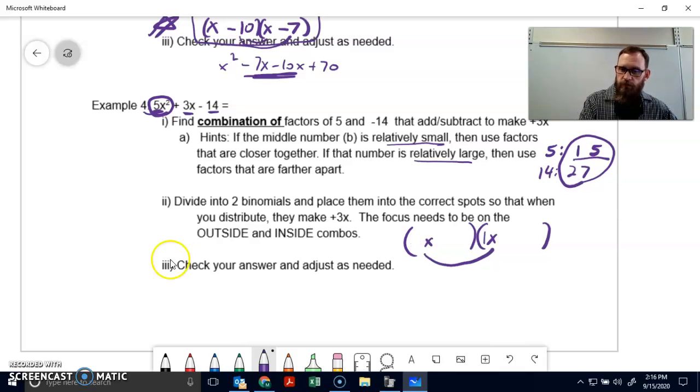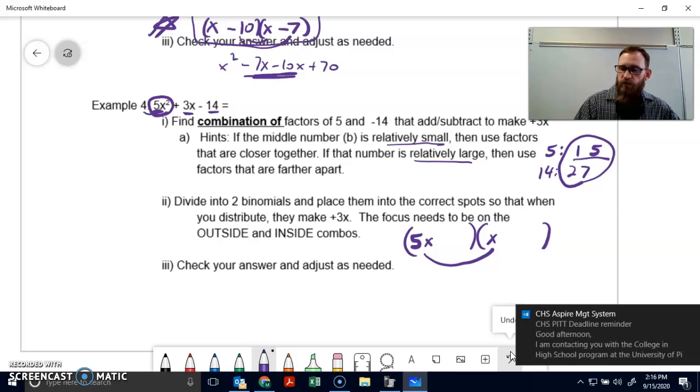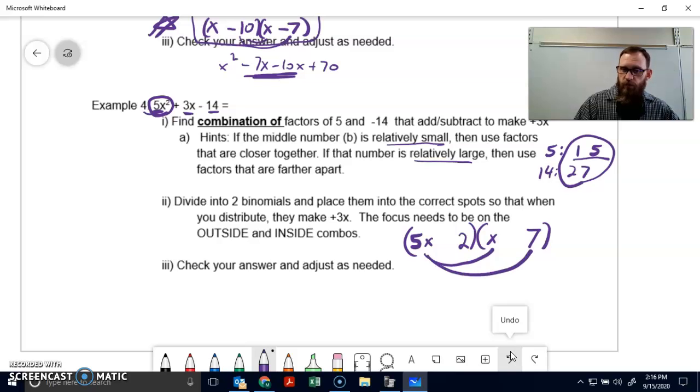And then I need to place 2 and 7. Well, I need to find the right combination to make that work. So if I put 7 here and 2 here, the outside would give me 35. And again, we're mainly concerned with the outside and the inside combos to get 3x.